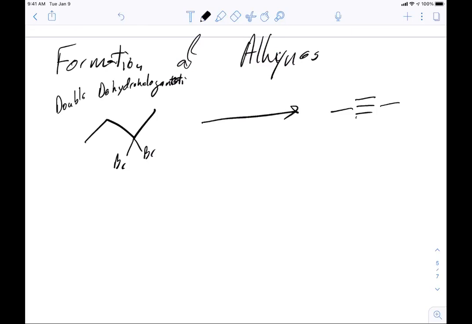This is one of those terms that used to be used a lot, double dehydrohalogenation, but you don't see it in books much anymore. What we need here is we're going to need to add a stronger base.